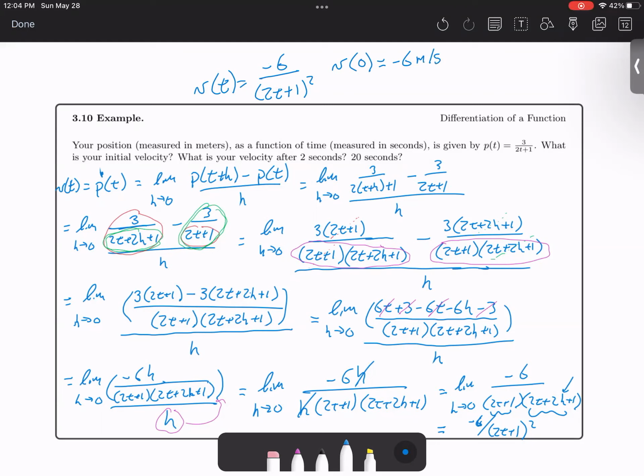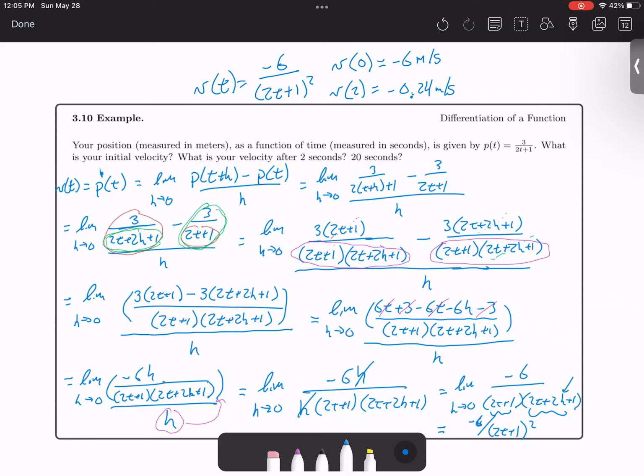You're traveling 6 meters per second, and that negative just means that you're traveling backwards. So you're walking backwards at a rate of 6 meters per second initially. If you evaluate your velocity equation at 2 seconds, you get about minus 0.24 meters per second. So that negative still means that you're walking backwards, but now you're just not walking backwards quite as quickly.